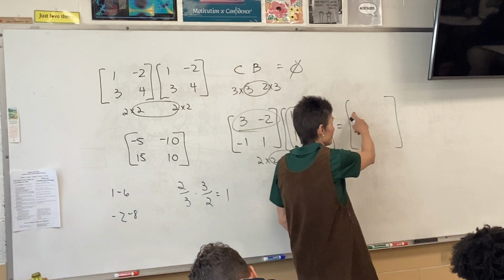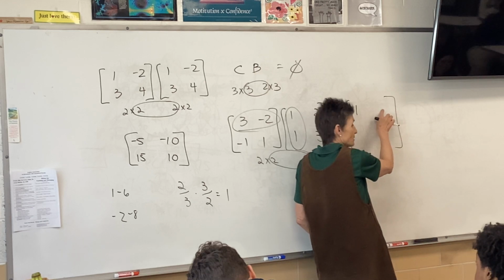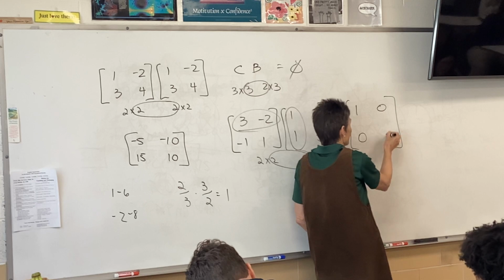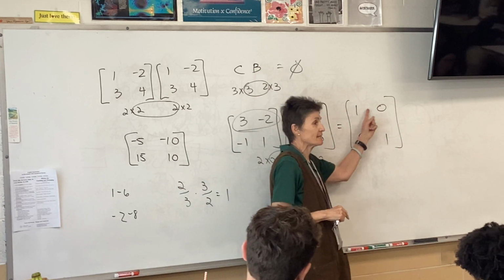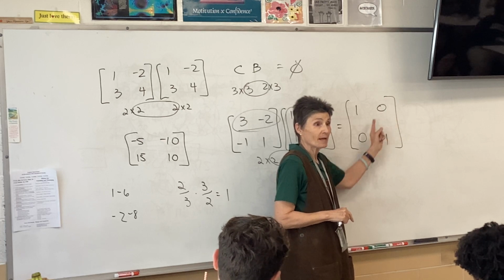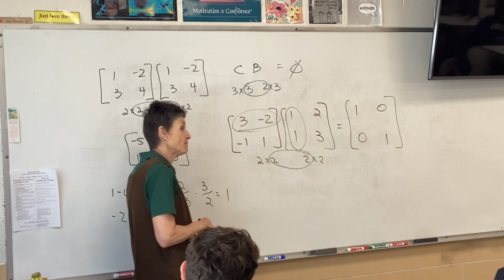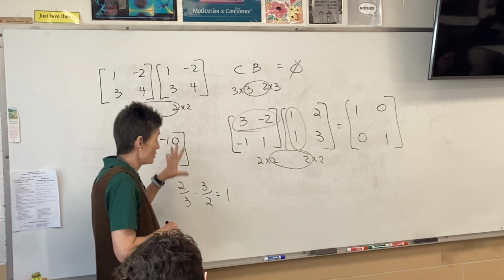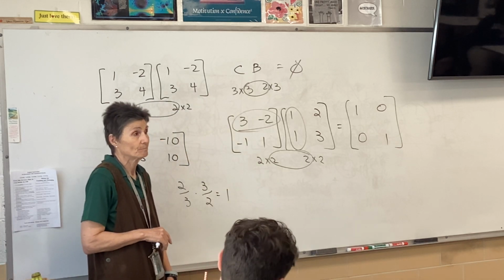What'd you get right here in the 1-1 spot? 1. What'd you get right next to it? 0. That's called the identity. I know we talked about this because we said this is I and this is J. If matrices are inverses, when you multiply them together, you're going to get the identity.